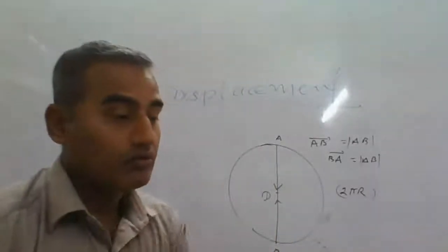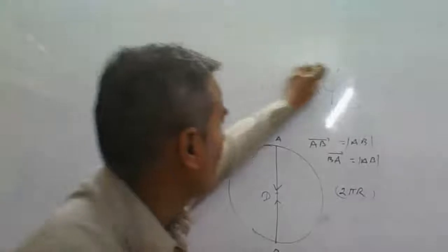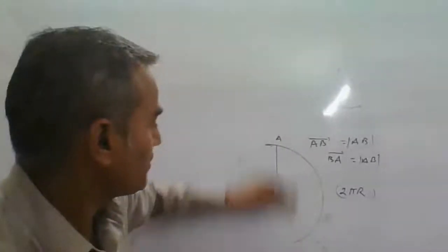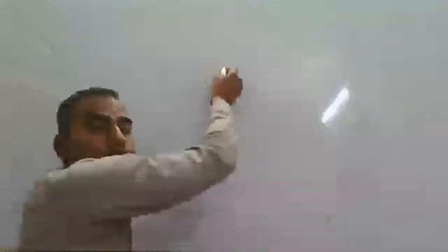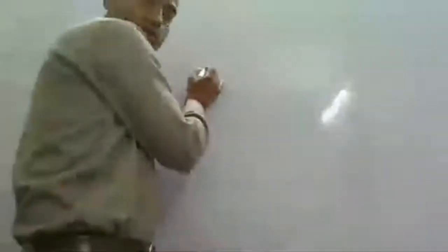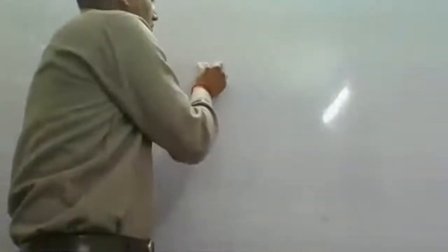Now let's discuss the position-time graph. A different topic: graphs. How can we show it here?